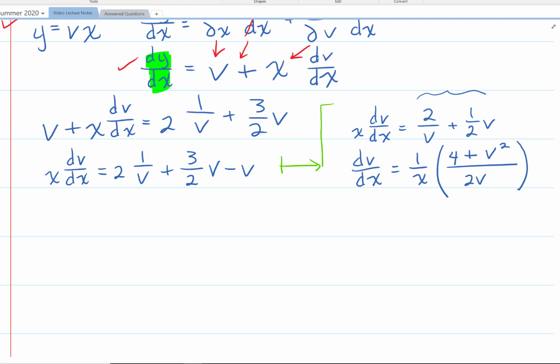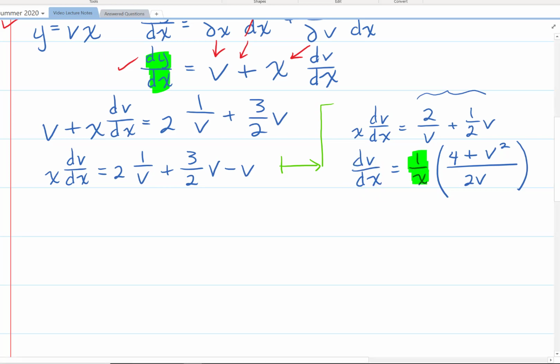Now, we've got two choices to solve this. We can solve it by either separation of variables or using an integrating factor. We'll start with separation of variables. Remember, to be solvable by separation of variables, you need your derivative equals a function, and you need that function to be separable.